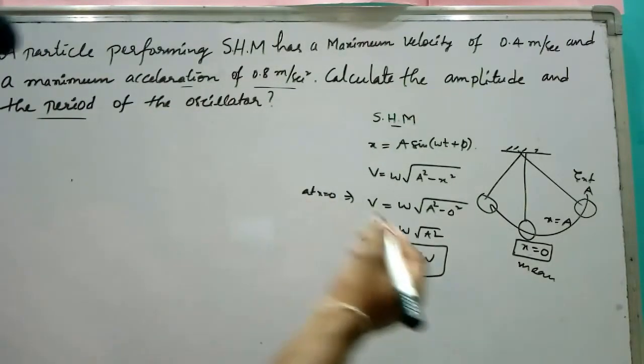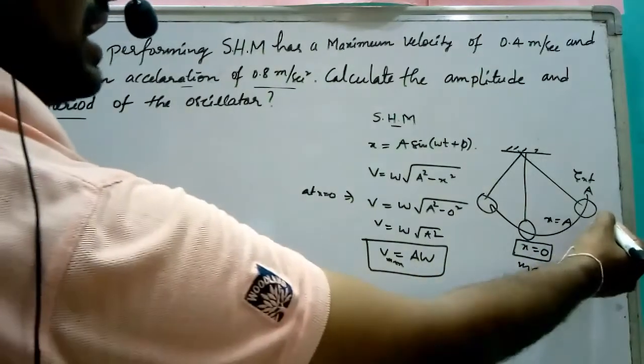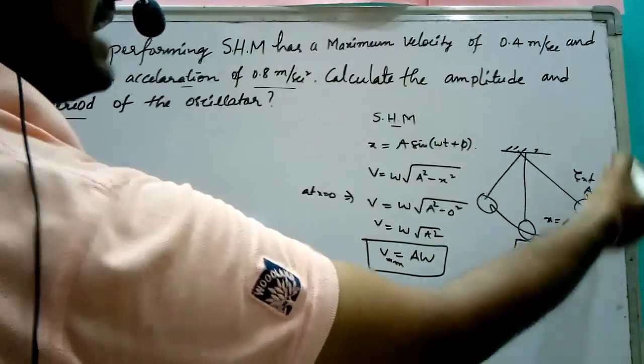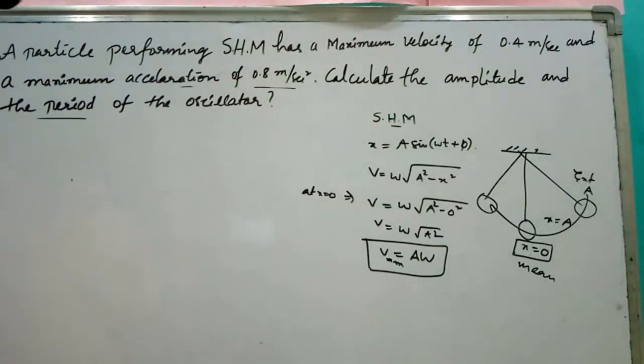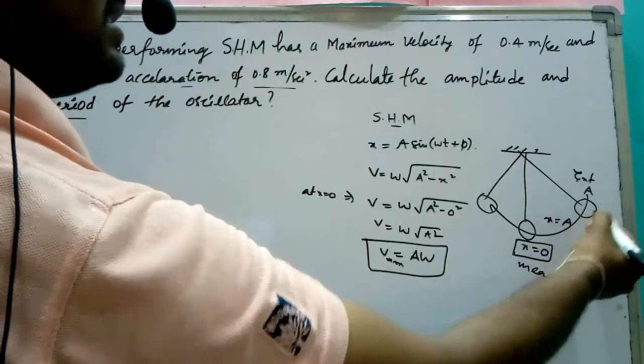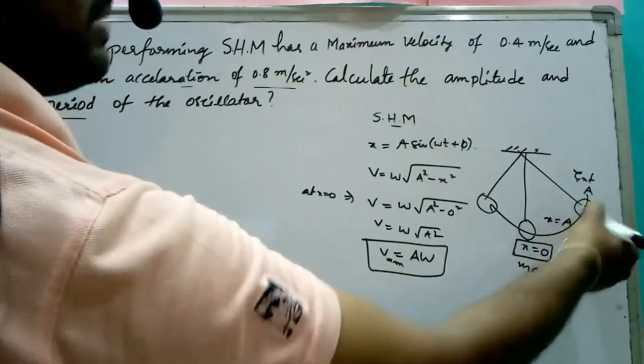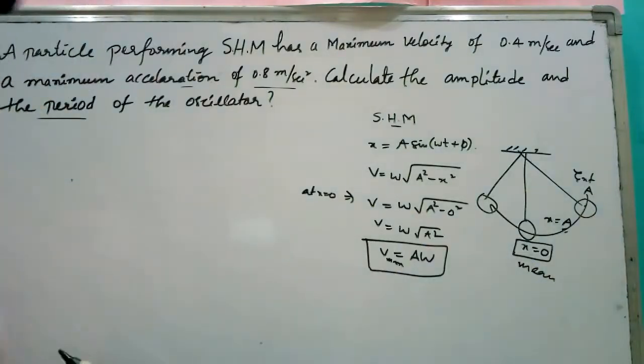Now we have to calculate the velocity at the extreme position. At the extreme position, the displacement should be equal to the amplitude.